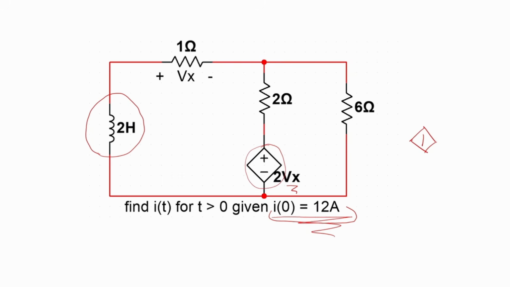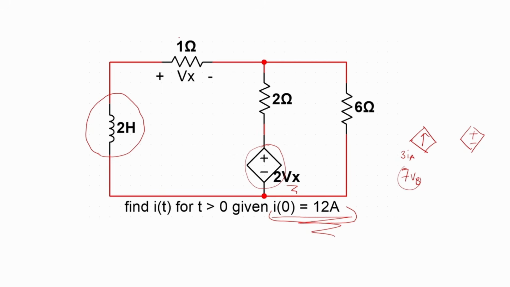You can either have a dependent current source or a dependent voltage source, and they could depend on either voltage or current. So if this was 3IA, then this would be a current dependent current source. If this was 7VB, this would be a voltage dependent current source, and the same goes for the voltage source. So we have a voltage dependent voltage source.